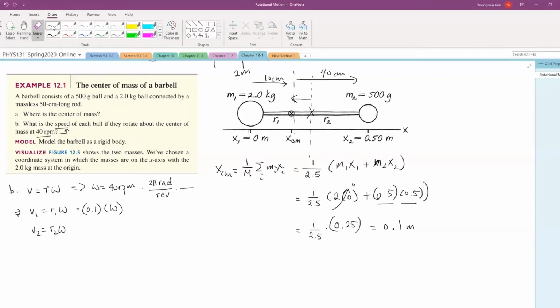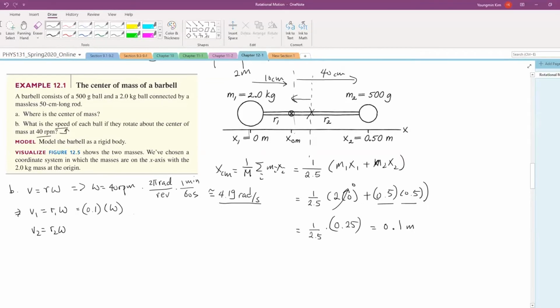Since this is per minute, the minute goes in the bottom: 1 minute here and 60 seconds on the bottom. And we have about 4.19 radians per second.